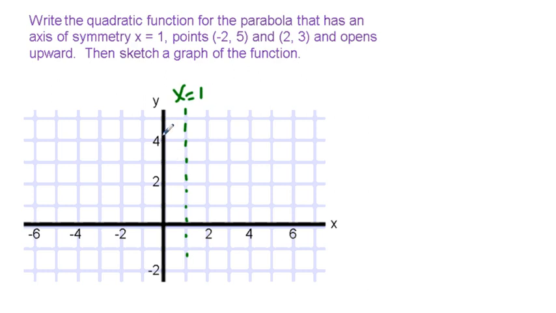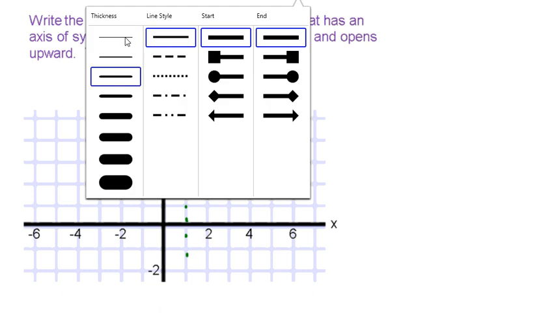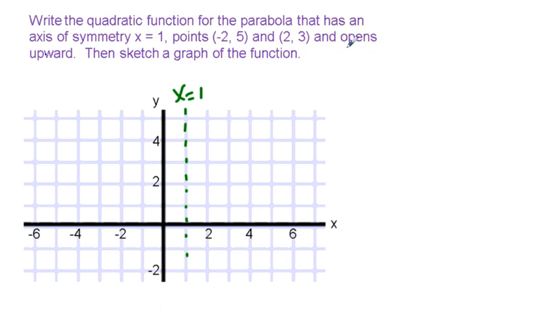Well, here's a situation where we have an axis of symmetry and 2 other points. Here's our standard form, f of x equals a times quantity x minus h squared plus k. And we're going to use this in 2 instances.